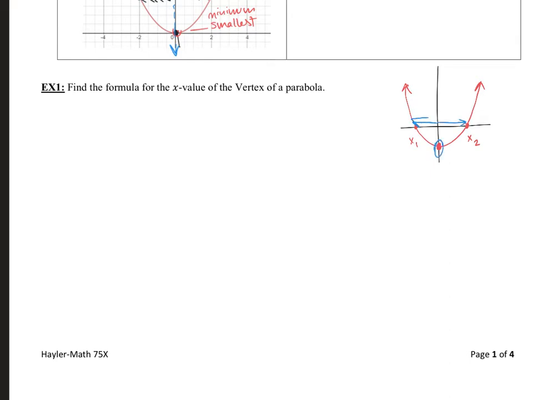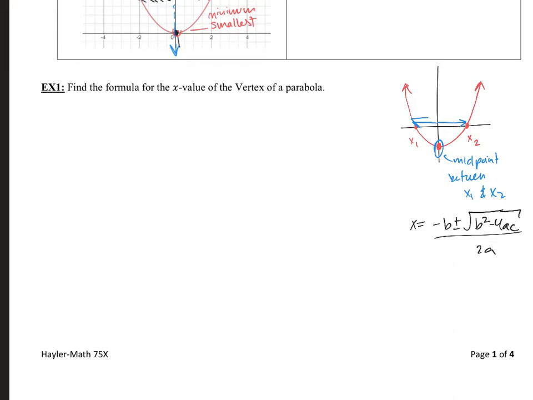So this point right here is the midpoint between x sub 1 and x sub 2. Now, if you remember from solving quadratic equations, the answers for x, remember x equals the opposite of b plus or minus the square root of b squared minus 4ac all over 2a.